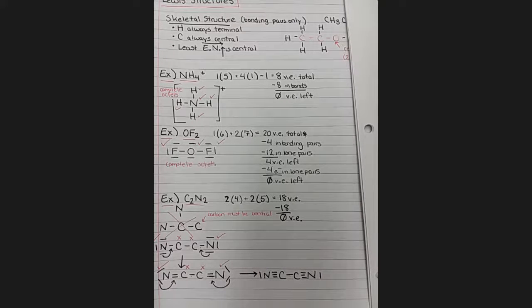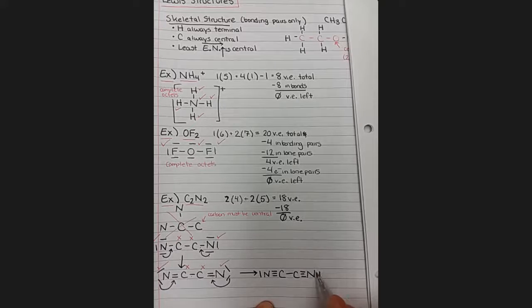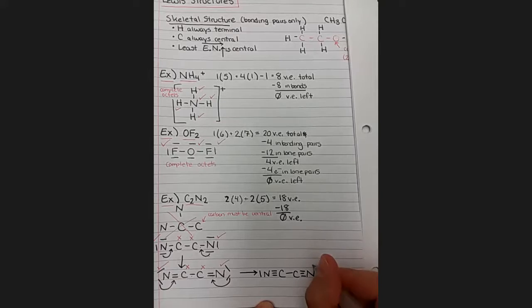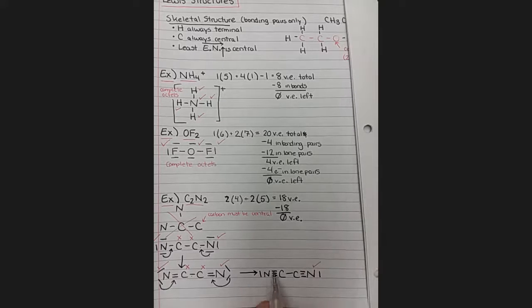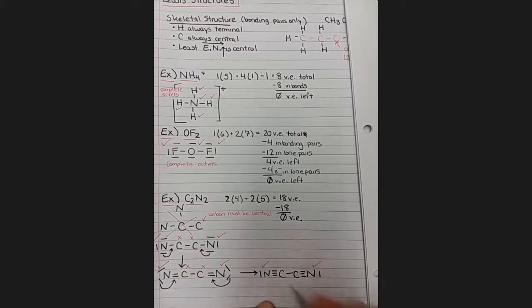Good, we haven't lost any. And let's check our octets again. So nitrogen on the end now has 2 electrons in lone pairs, 4, 6, 8 electrons in bonding pairs, and 2, 4, 6, 8 for this one as well. Carbon has 2, 4, 6, 8 bonding electrons, and so does the other. So we finally have all complete octets. We are finally done.